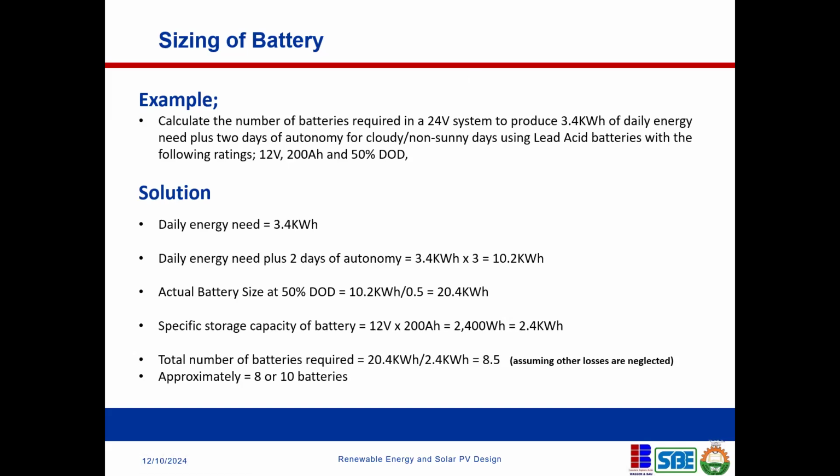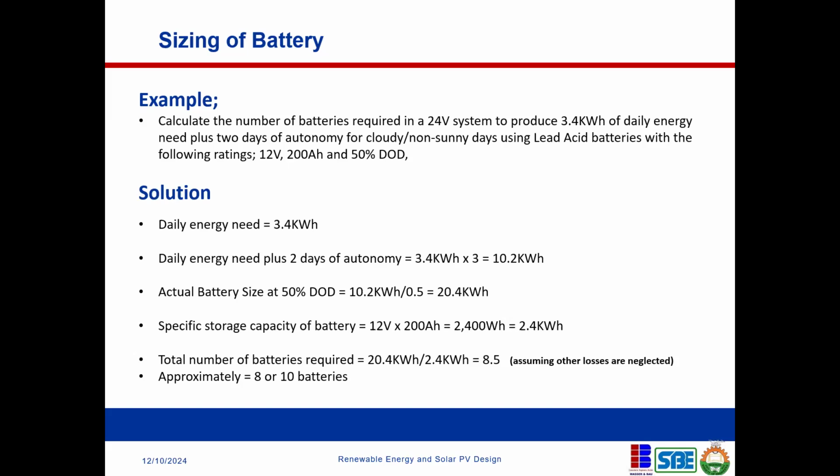The 10.2 is based on our example, on the data we have for our example. You can have different data for another example, another client. If you go back to the beginning of that first table, that's why we arrived at 10.2 with the 2 days autonomy.